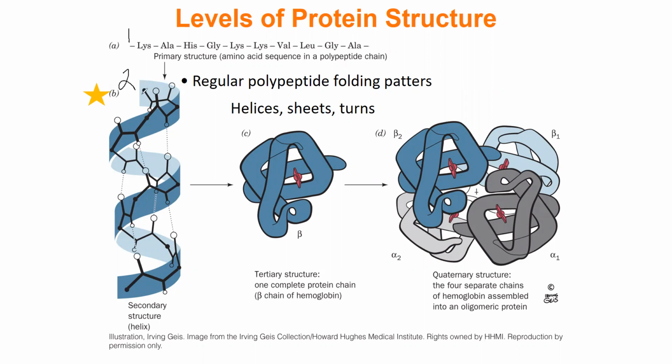We're going to talk about secondary structure now. Secondary structures are local areas of structure in proteins. We're mainly going to focus on what are called alpha helixes and beta sheets. These aren't the only secondary structures found in proteins, but they are the most common, and that's why we're going to focus on them.